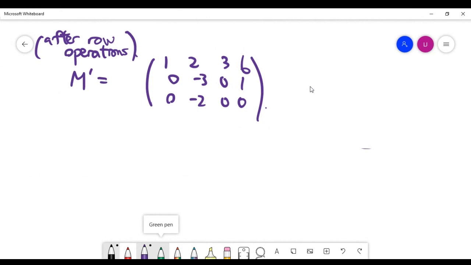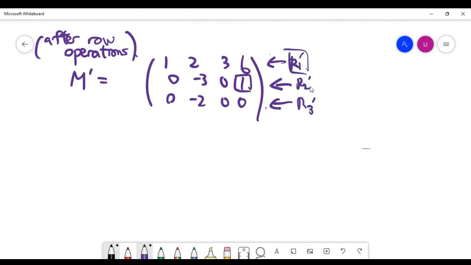I think it's quite clear that if you look at the rows, the last row cannot be used to generate the second row, because the second row has a non-zero spot in the last spot, and it cannot be generated by the last row anyway. Similarly, row 1 cannot be generated by a linear combination of the last 2 rows, because the last 2 rows have zeros in the first spot and the third spot. But the first row actually has non-zeros here, right?